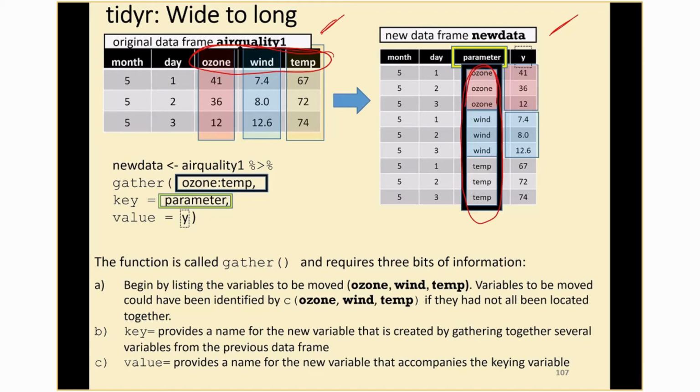I want to take ozone, wind, and temp, and put them into a single column. Well, if I take ozone, temp, and wind and put them into a single column, that variable is going to need a name. So the second thing I'm going to need to specify is the name of this new variable that I create by taking these and shoving them into a column.